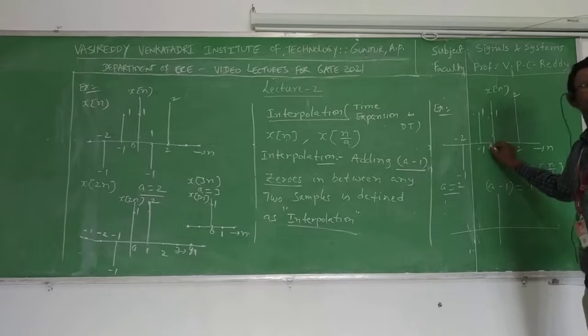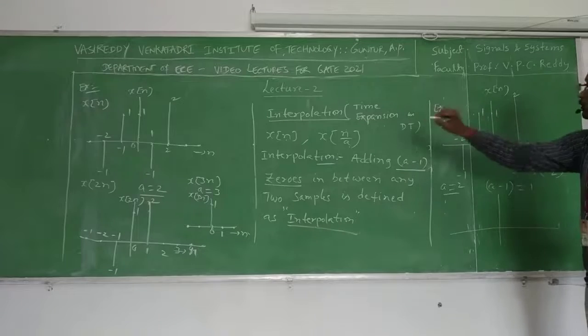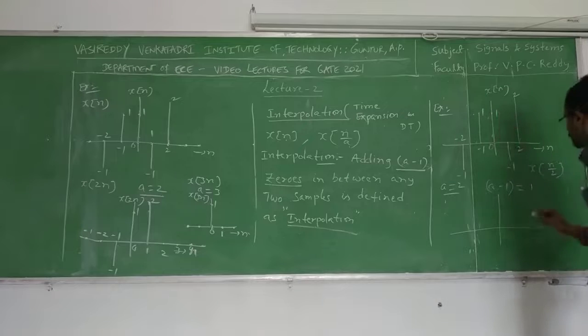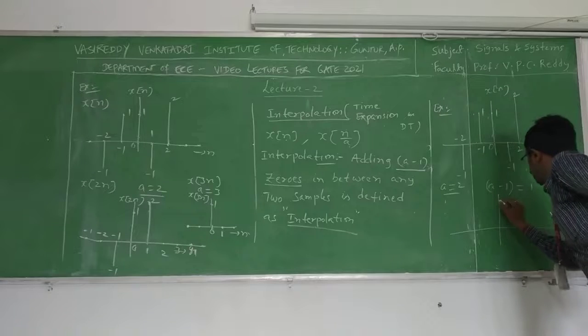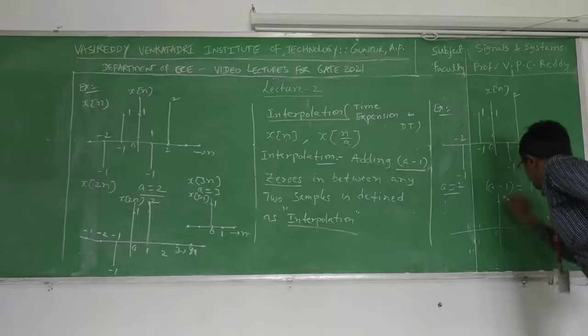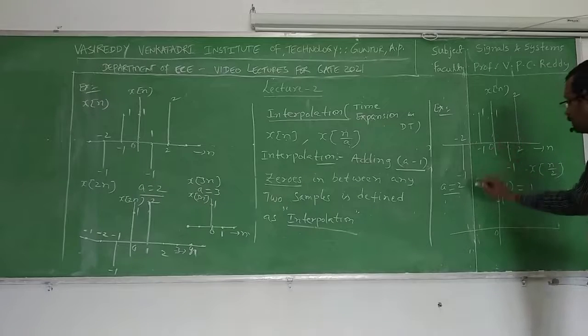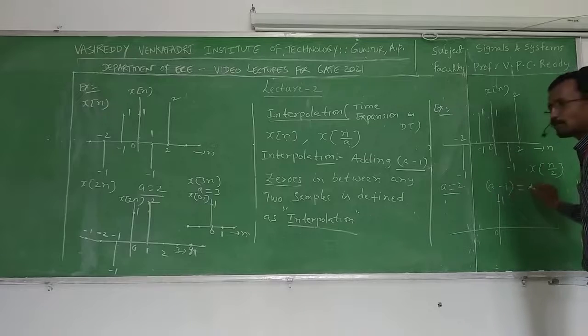So n is equal to 0: the 0th sample remains the same, as I already told you, because it doesn't have any effect due to scaling, especially time scaling. At n is equal to 0, the value is 1. Next, we have to add 1 zero, because a is equal to 2, so a minus 1 is equal to 1.